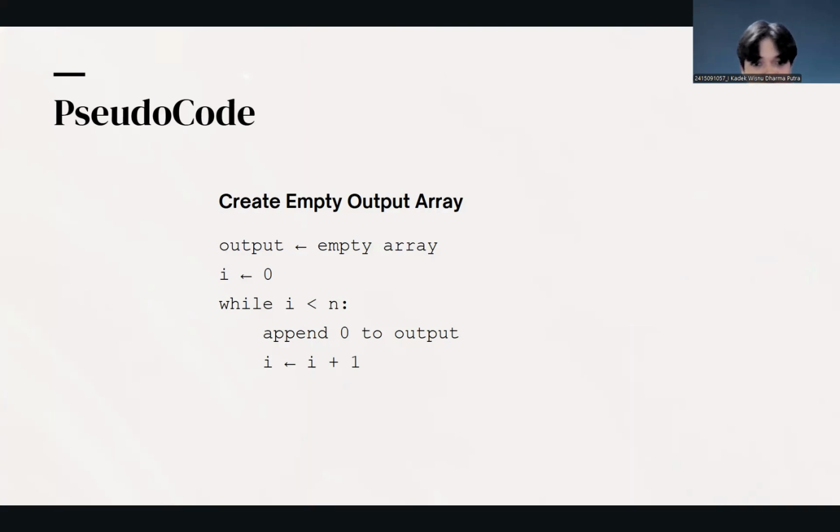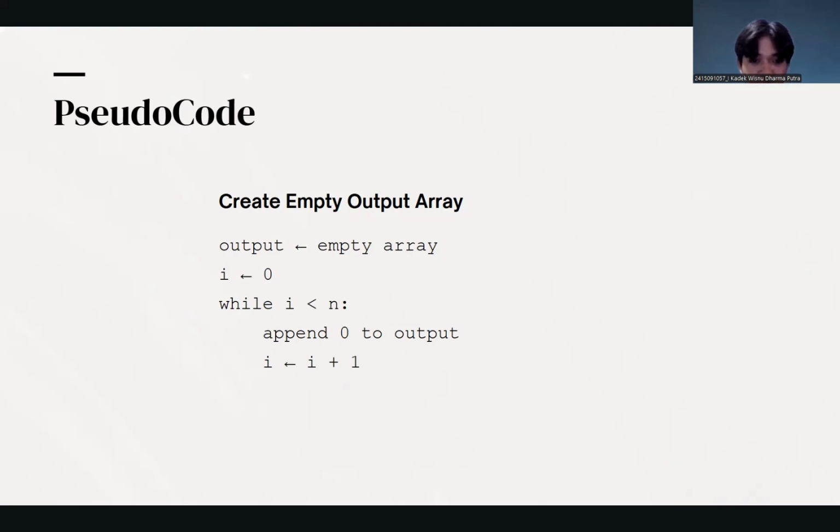After we create the count array, we also need to create the empty output array. The step is the same as the count array. We need to create a new variable. In this case, we create the output variable with an empty array value, and we create an iteration variable, the i variable with value 0.